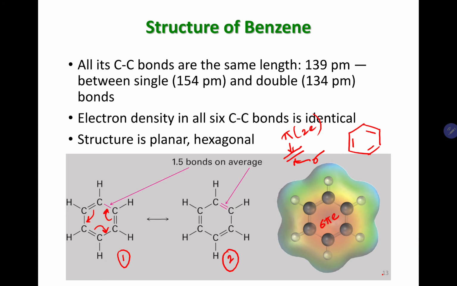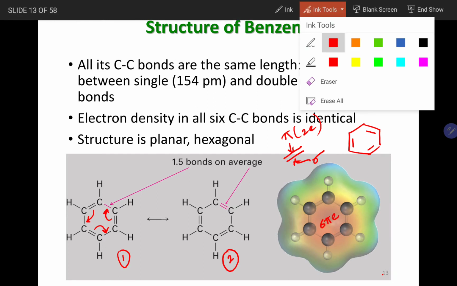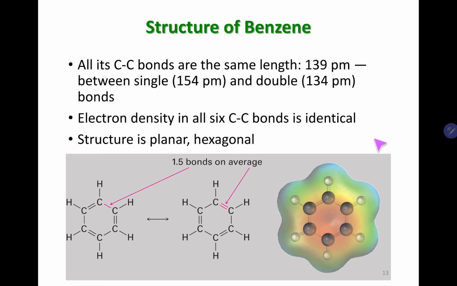Okay, so that is how you can picture this, because you already know that each carbon is sp2 hybridized, right? So if it is sp2 hybridized, you know that it has a double bond, a single bond, and a carbon-hydrogen bond. So the bond angles are around 120 degrees, right? And then you have a p orbital perpendicular to the other 3 bonds, the double bond and the 2 single bonds.